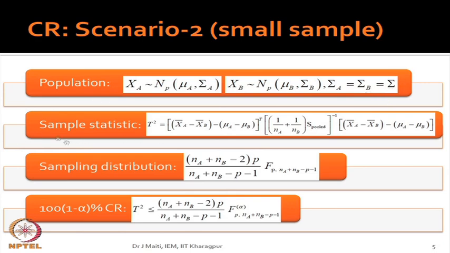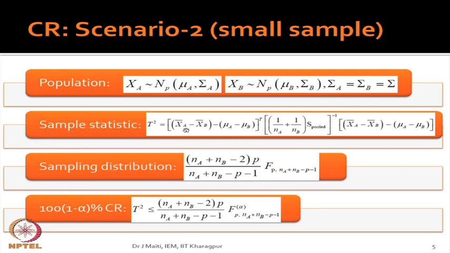And your sample statistic: what is my random variable? X A bar minus X B bar. This minus its expected value, please get the link. We said the random variable minus its expected value.